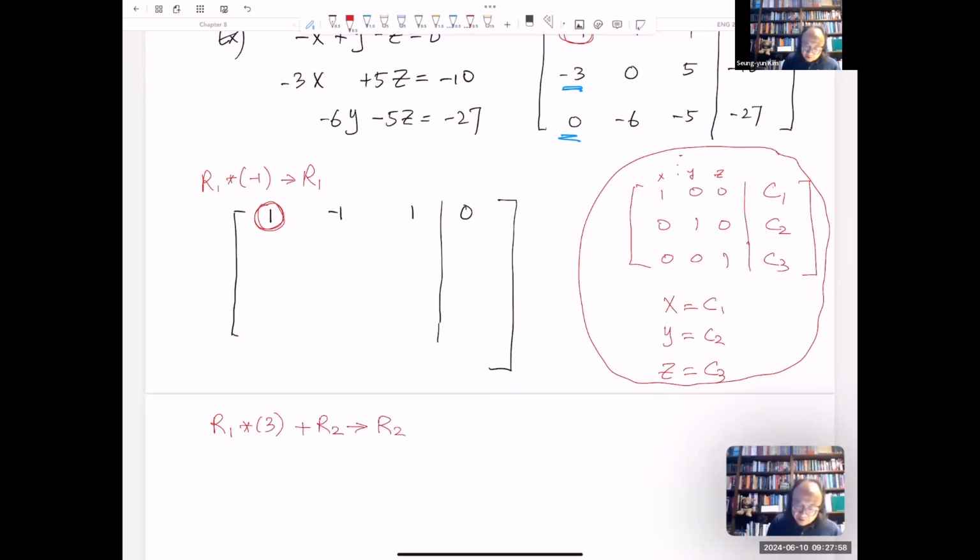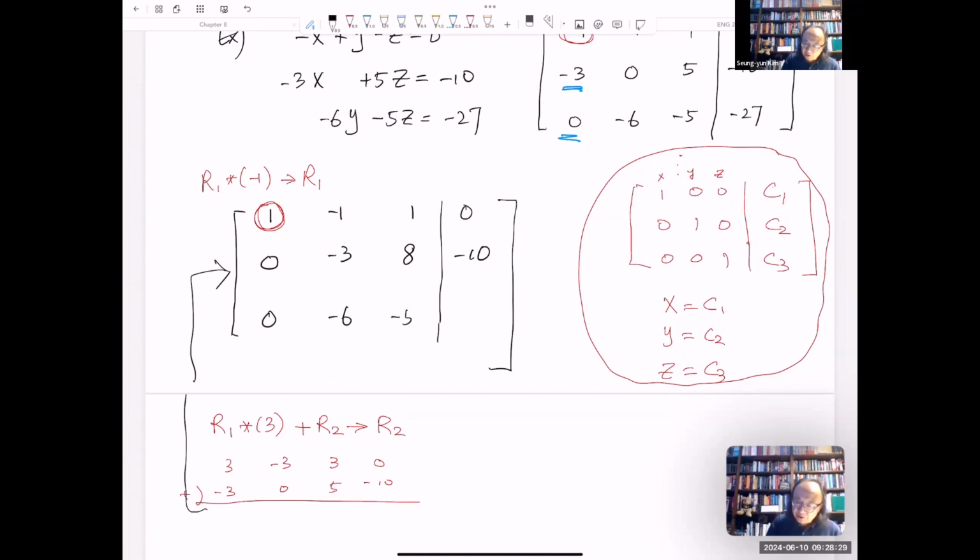R1 times 3 is 3, -3, 3, 0. And R2 is -3, 0, 5, -10. Adding these two gives us 0, -3, 8, -10, and the third row is 0, -6, -5, -27.